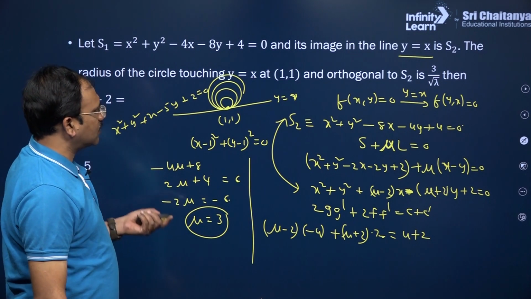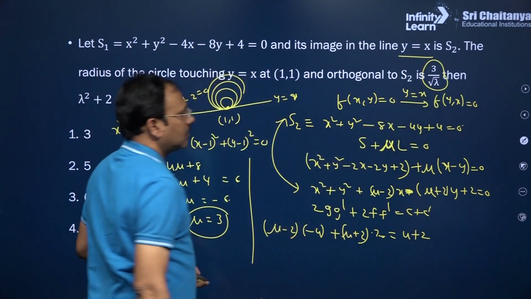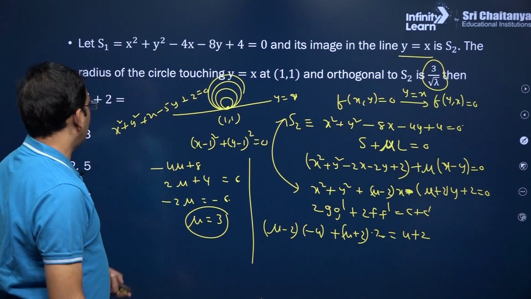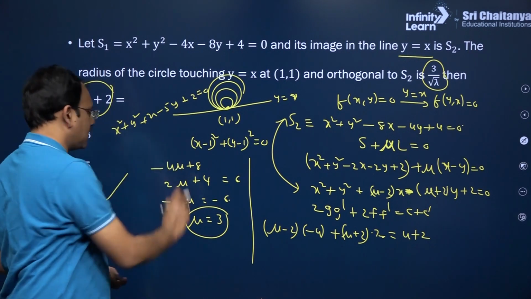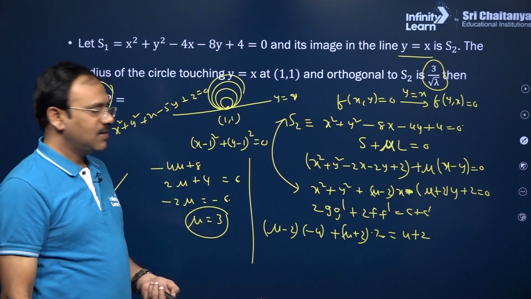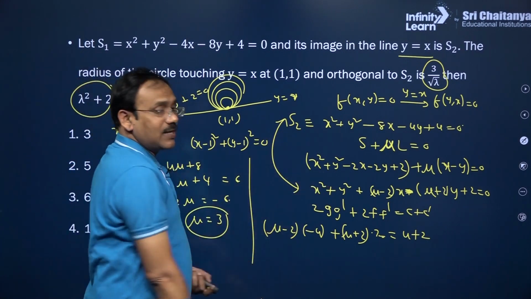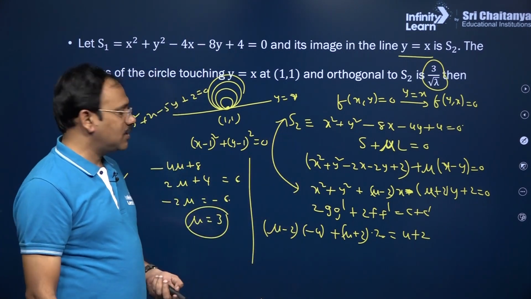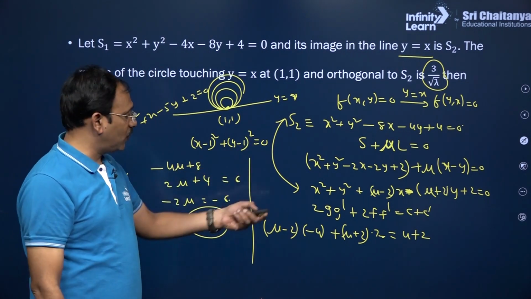Now you can find its radius. That radius is to be compared with 3 by root lambda, you will get lambda is equal to 2, lambda square plus 2 is going to be 6, my dear friends. That's all, simple. Okay. So, we have found S2, the required circle, you can take x plus lambda L is equal to 0, and now you just apply orthogonality condition between these two.